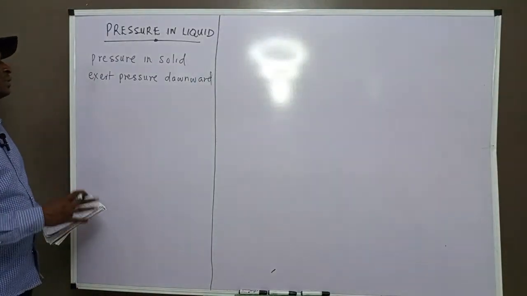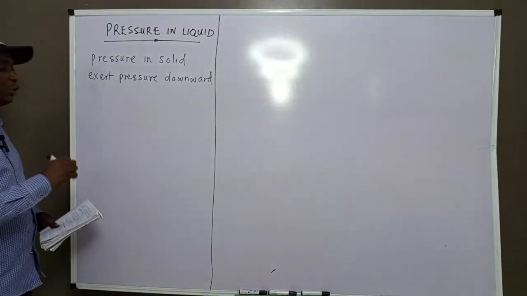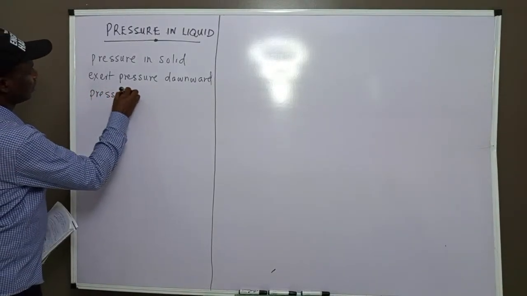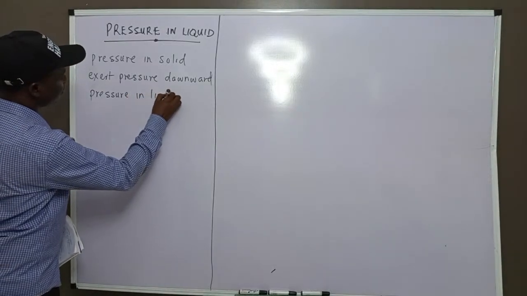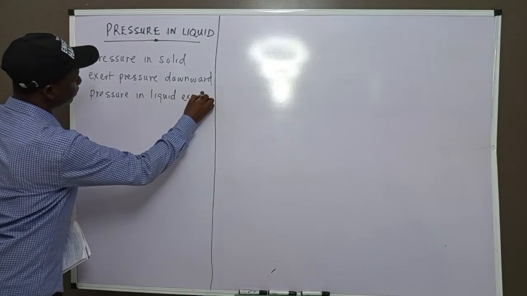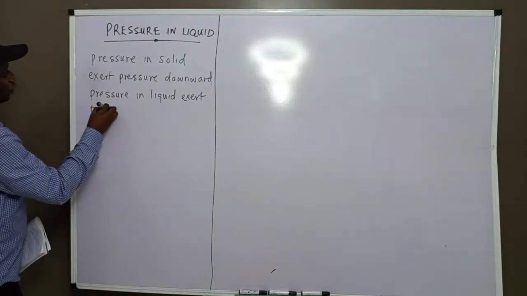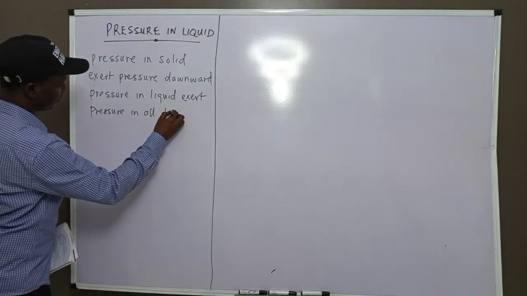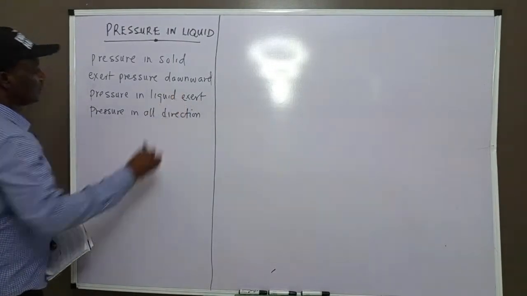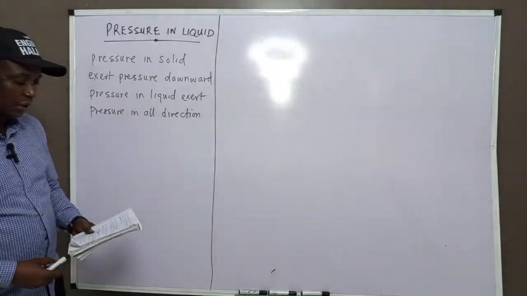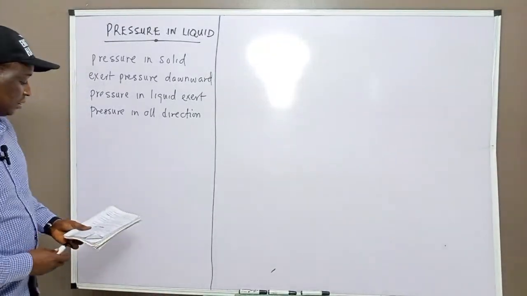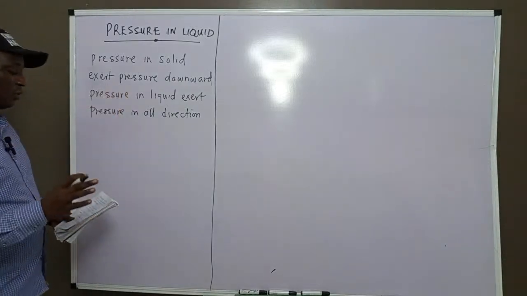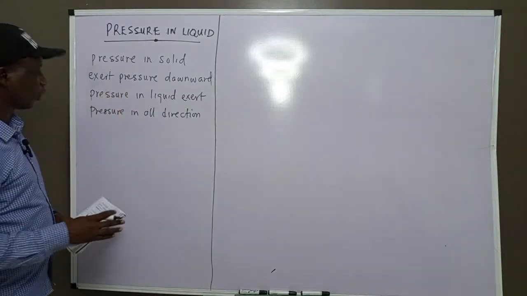Then, number two, what is pressure in liquid all about? Pressure in liquid is pressure in all directions. That is the difference between liquid pressure and solid pressure.